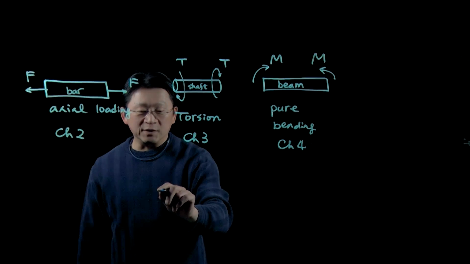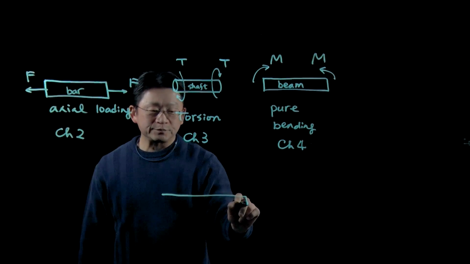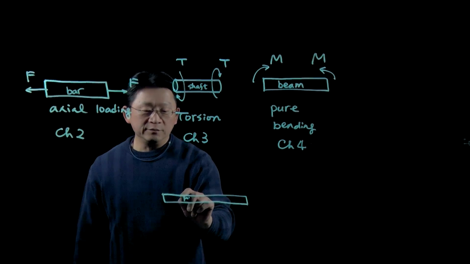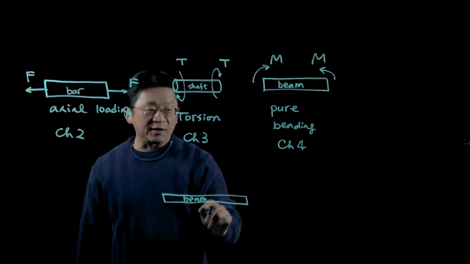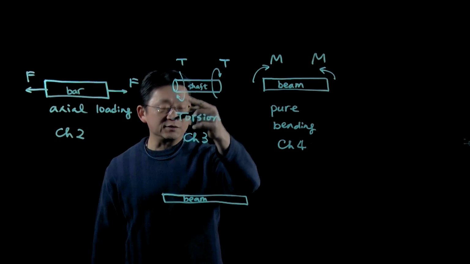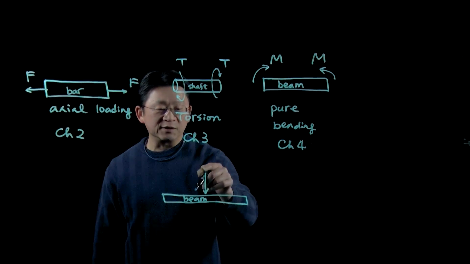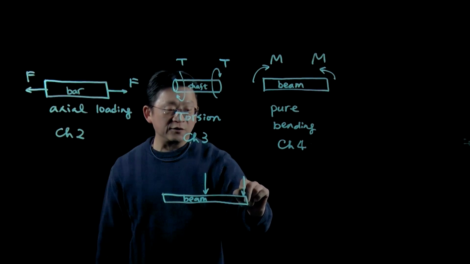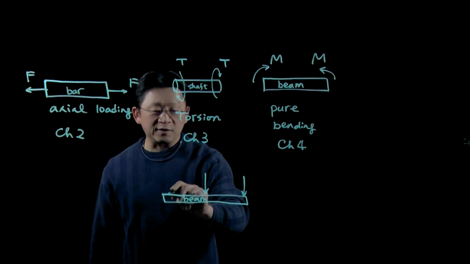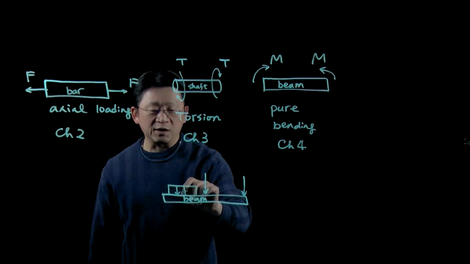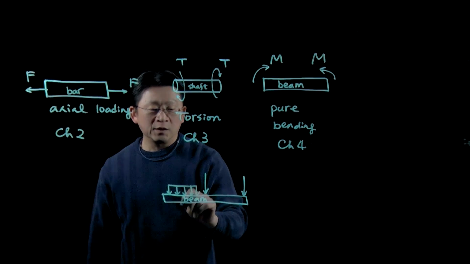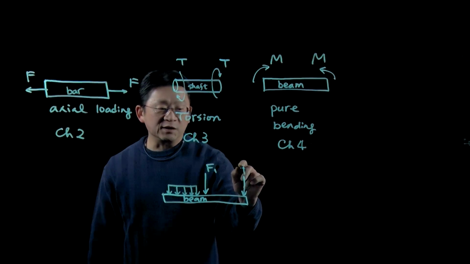The last one is something like this. We consider a beam that is not under any of these types. It could be under vertical loading, and the vertical loading can be anywhere, and it can even be what we call distributed loading. So this is F1, this is F2.